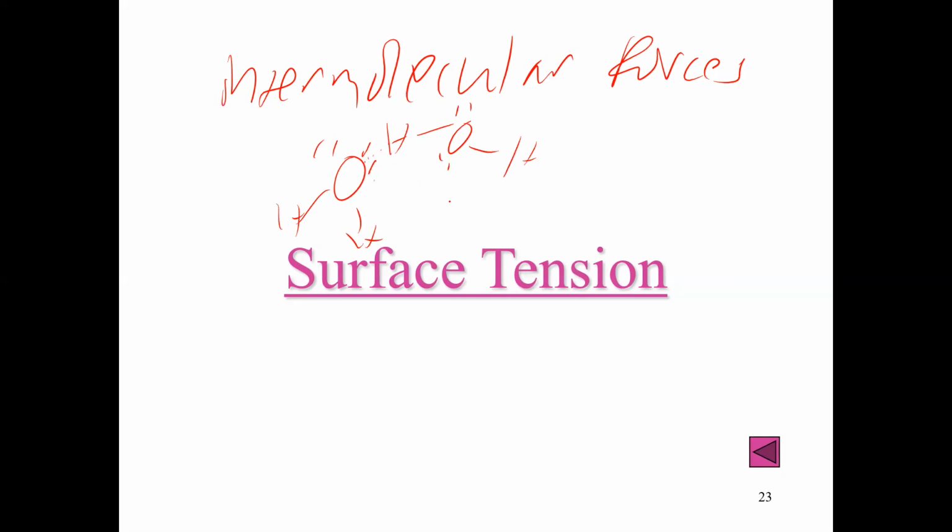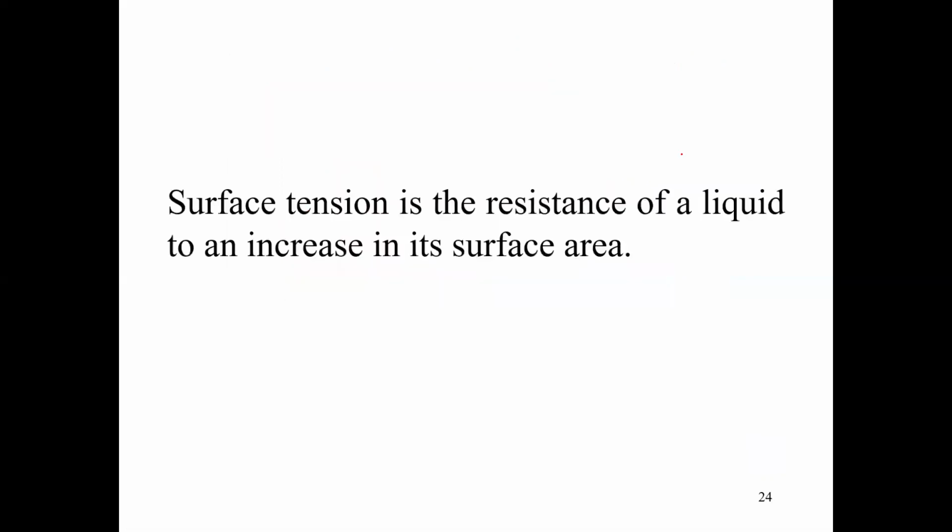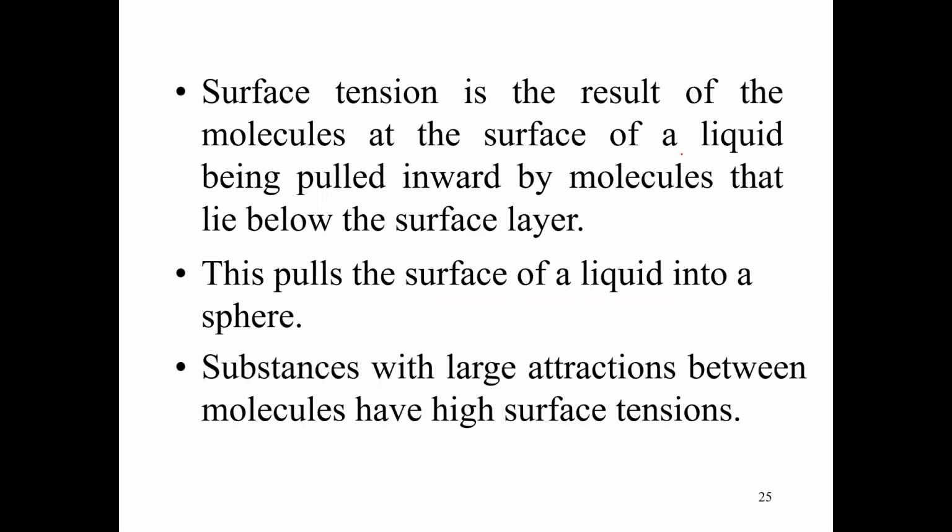And so basically that will give high surface tension, because of these hydrogen bonds that provide a sort of tension associated with that. Surface tension is the resistance of liquid to an increase in its surface area. It's the result of the liquids at the surface being pulled inward by molecules that lie below the surface due to intermolecular forces.